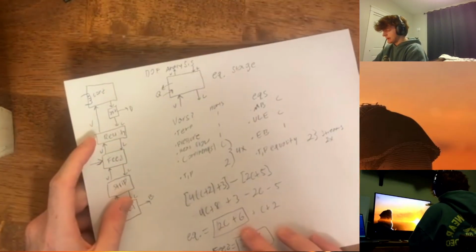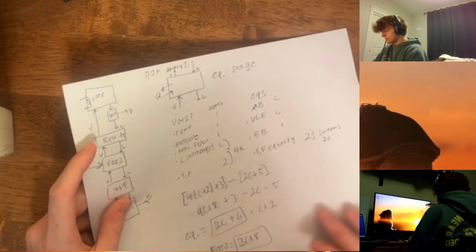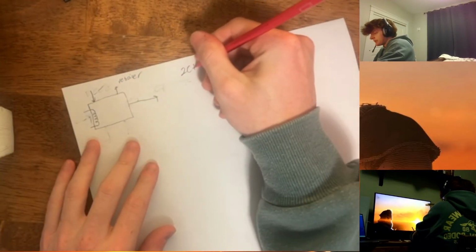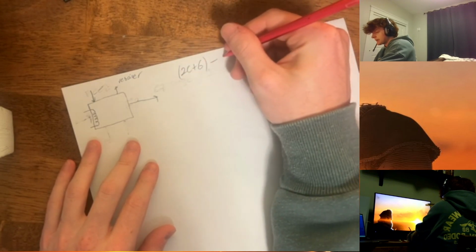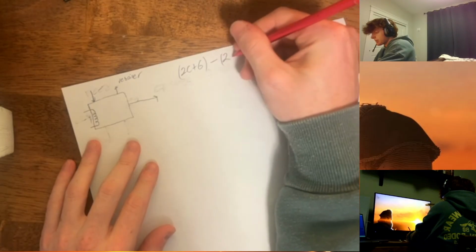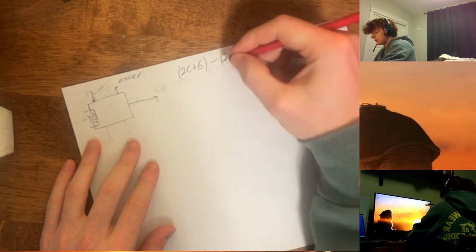So if we go back to our equilibrium stage, based off that, we have our 2c plus 6 right here, and since we lose one of these, we can just subtract our 2, or our c.